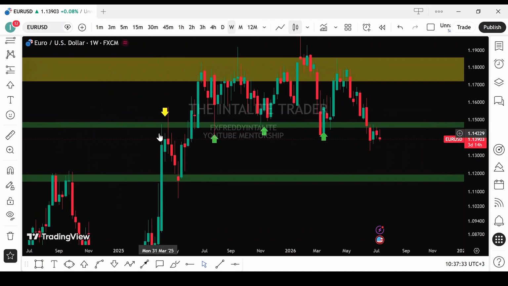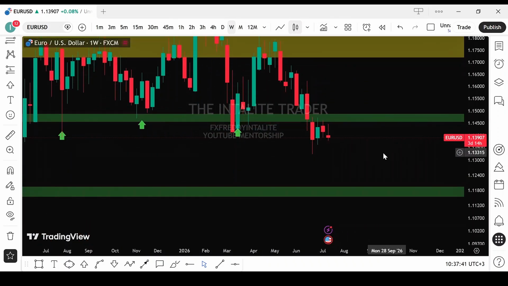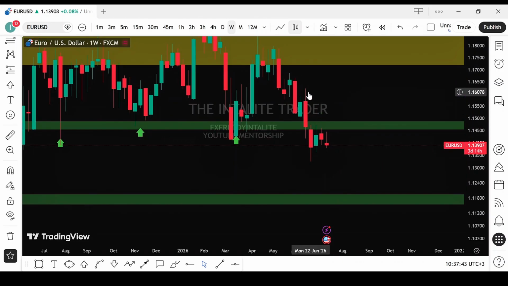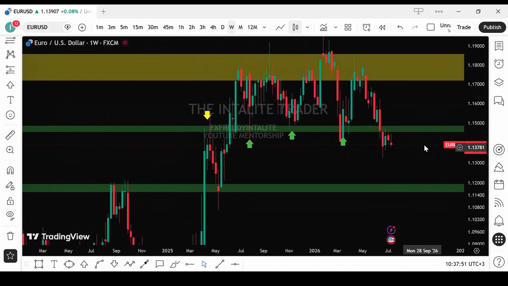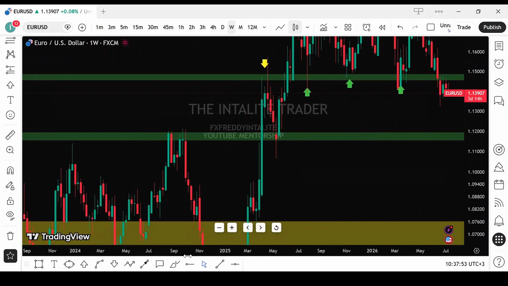So each time price is below the level it sells, and each time it is above the level it buys. Then what happens here? You see price has broken below the level and it is trading down here. So these are weekly key levels.